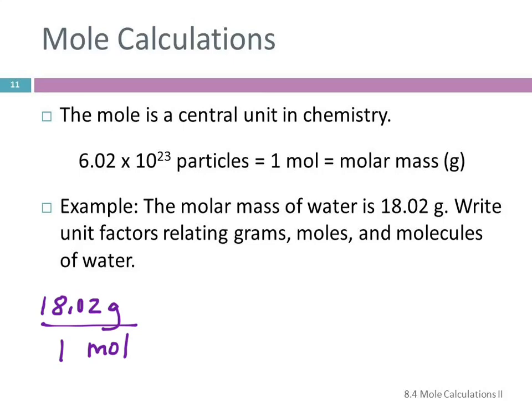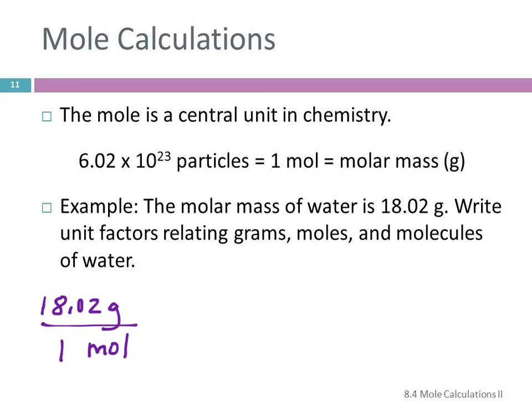Remember, unit factors, the denominator is equal to the numerator. They look different, but they are different ways of stating the same quantity. And so when we multiply by this unit factor, we're not changing what the value is. If you take a distance in meters and convert it to centimeters, it's still the same distance.